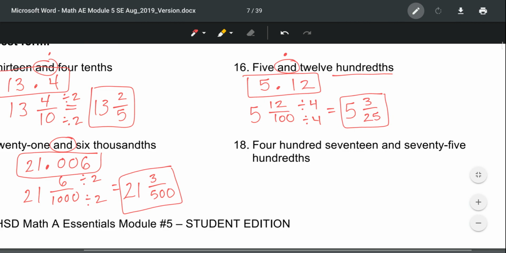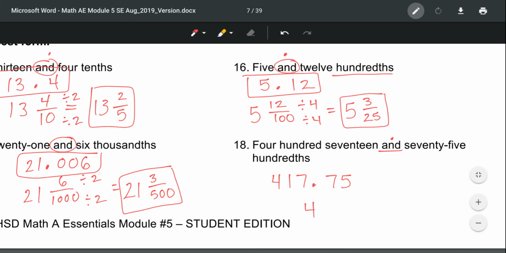Okay, number 18, 417 and 75 hundredths. So 417, and means your decimal point. 75 hundredths. So you should have the last digit end in the hundredths place.